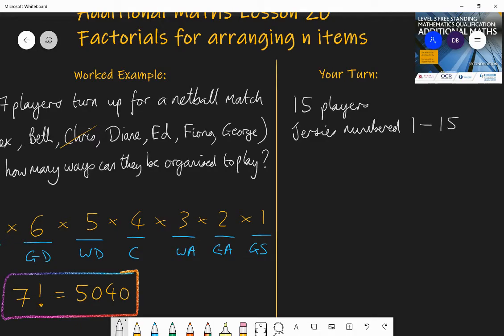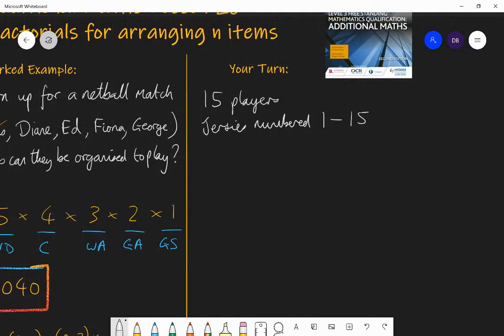How many different ways can the jerseys be assigned? How many different ways can we assign those jerseys? Okay, pause at this point, have a go at the question, write down your answer, and then think, is that answer reasonable?